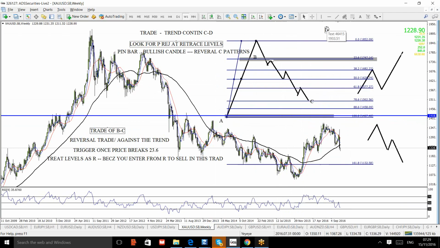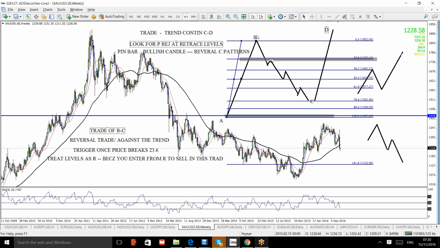And the projections, the CD: I'm going to introduce you to Fibonacci projections and expansions, which you will be learning on Thursday. We calculate even before the trade, even before the move commences. We calculate even before CD begins, by using A, B, and C, the distance of C to D. By using projections, we can project leg C to D by using A, B, and C, with the Fibonacci expansion tool, guys.